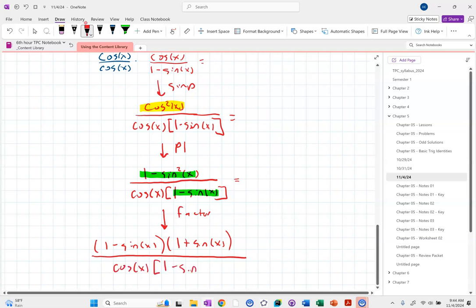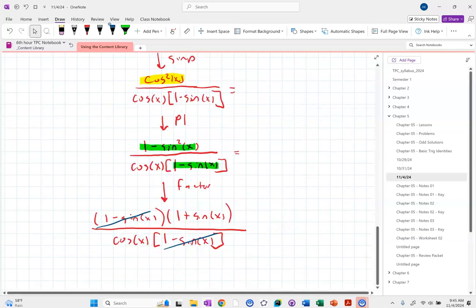And now we see some nice stuff is going to happen, right? We can reduce the 1 minus sines.